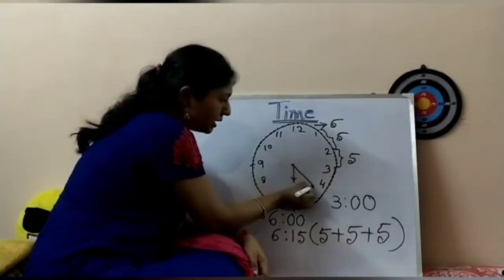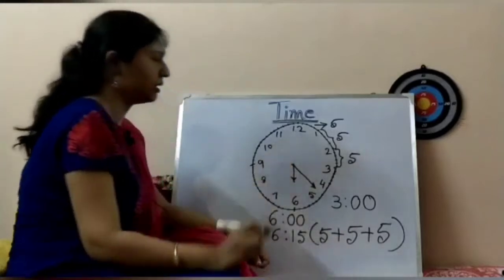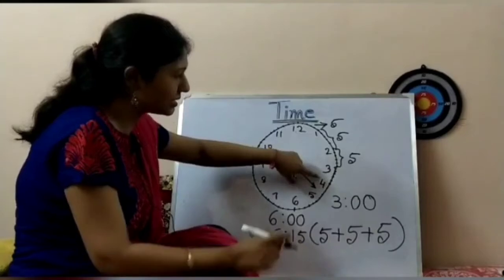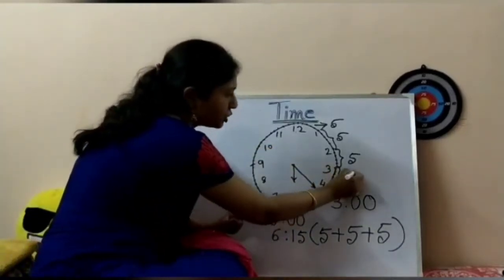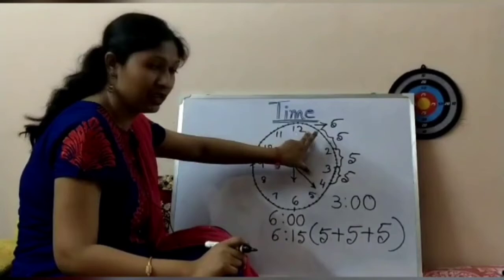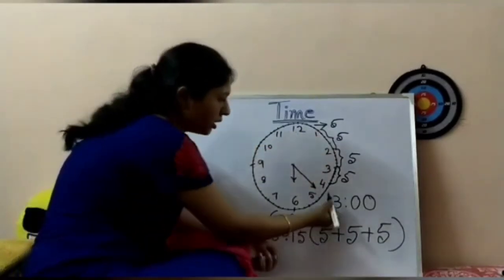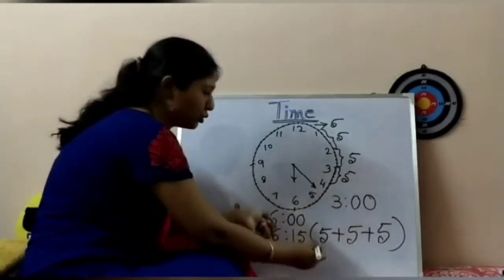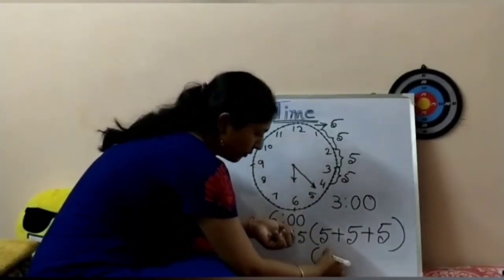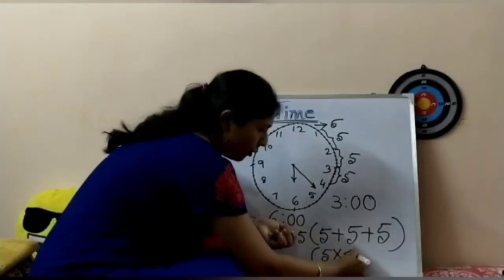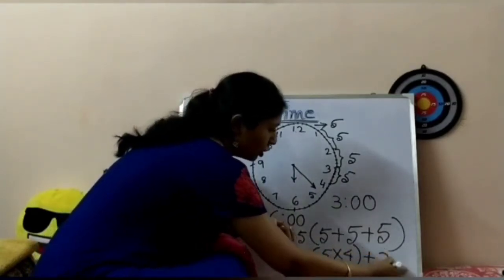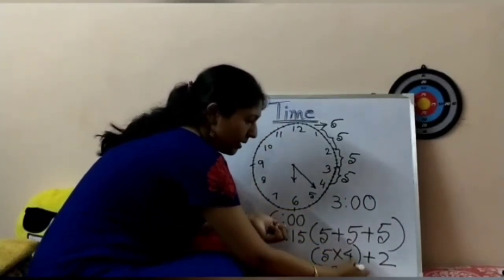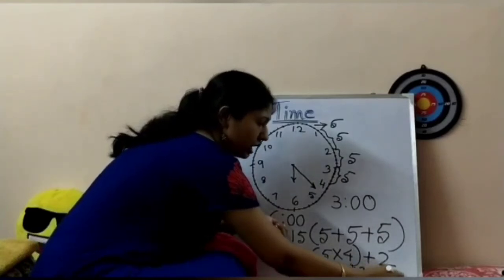If I show you here, how much is the time? 4 is again 5. So 4 fives means 20. 20 minutes, okay. Again 1, 2, 20 plus 2. 5 into 4 means 20, plus 2 equal to 22.